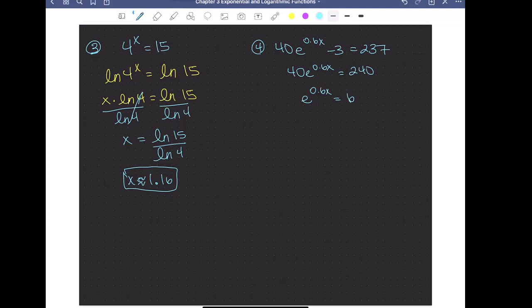So now I have my exponent all by itself with that e. So I know that I probably can use some power property, right? And when it comes to e, I can take the natural log of both sides, right? So I'd have the natural log of e to the 0.6x equals the natural log of 6.